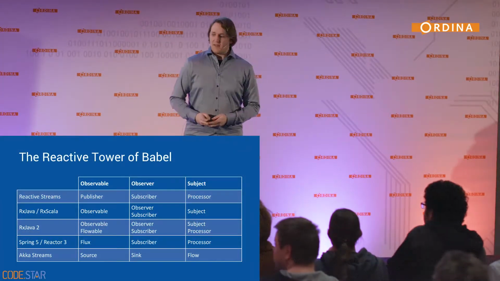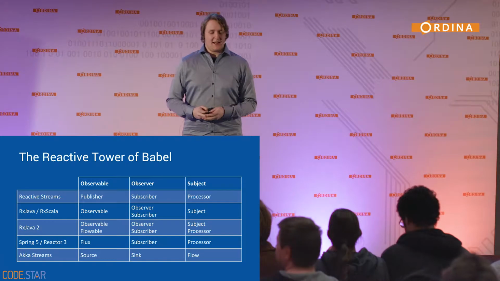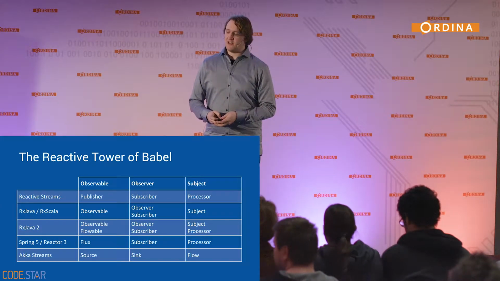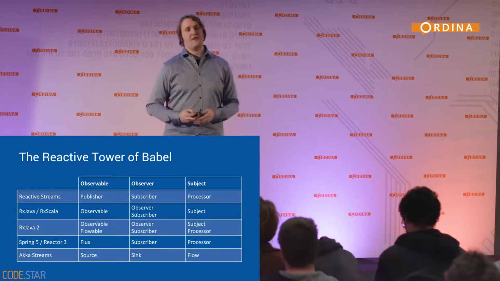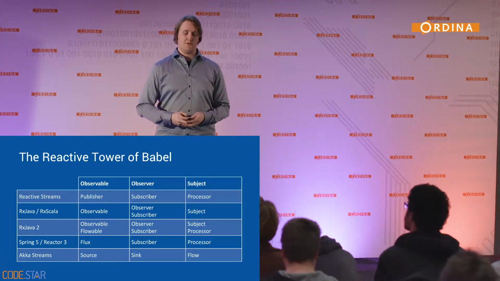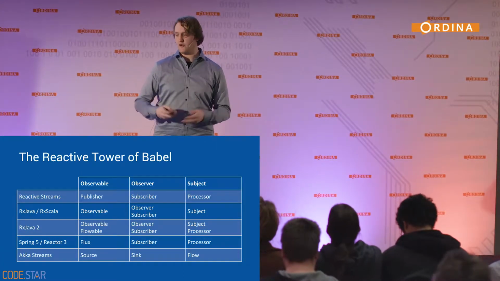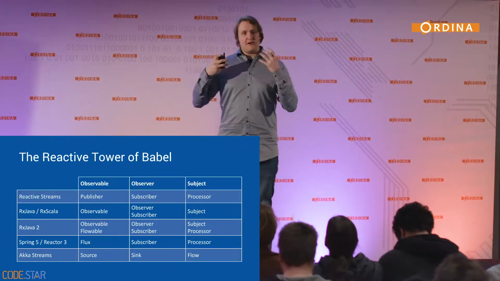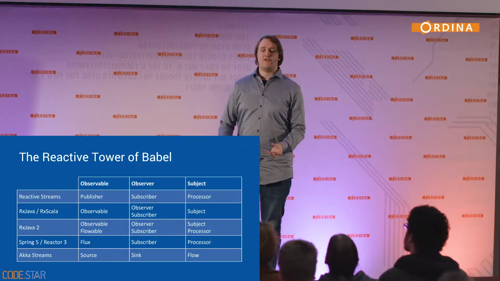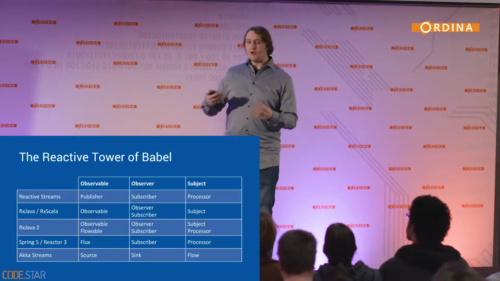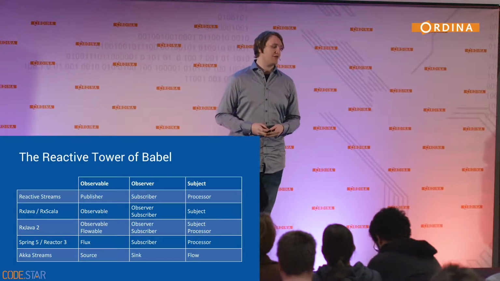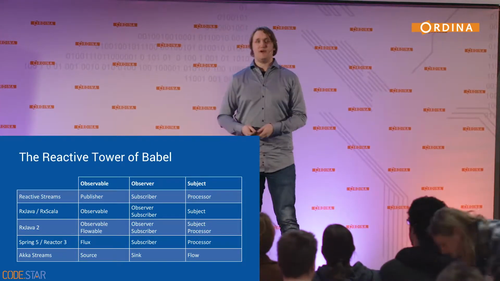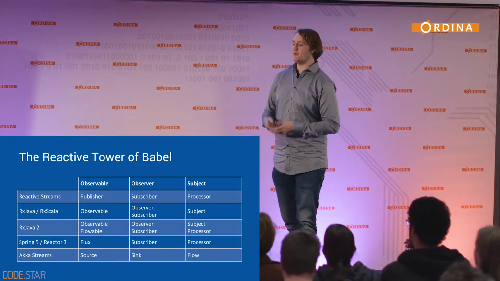So, in the next JDK, an interface for reactive programming will be put in. It's called Reactive Streams, and there are several different kinds of streaming libraries that all use their own names for different concepts. So unfortunately, you'll have to do the translation of this yourself.